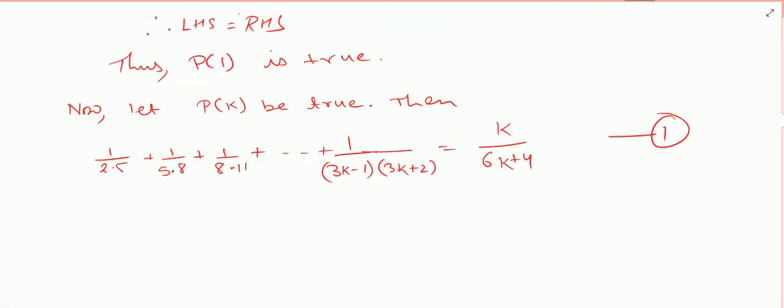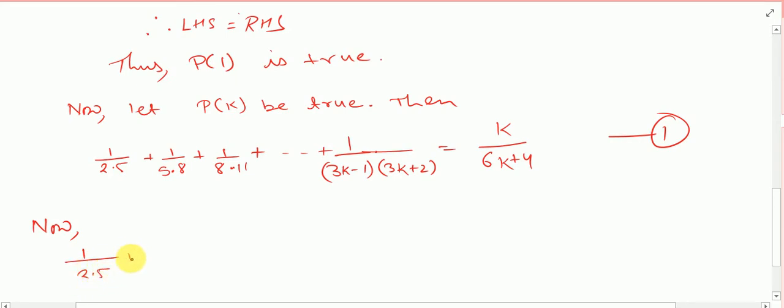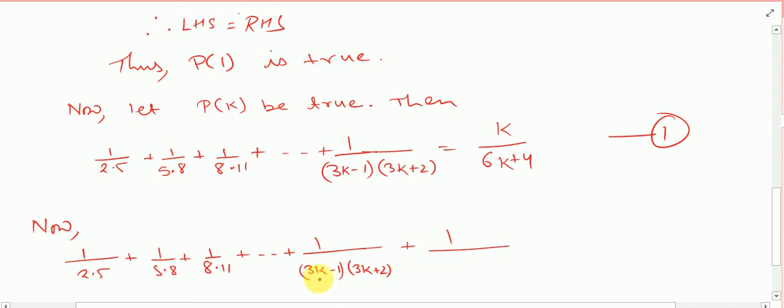Now we have to show that this statement is true for k plus 1 also. That means we have to show pk plus 1 is true. So we'll write now: 1 upon this plus this plus this plus dash dash plus 1 upon 3k minus 1, 3k plus 2, plus, now in this term wherever there is k, you just replace k by k plus 1 and write over here.